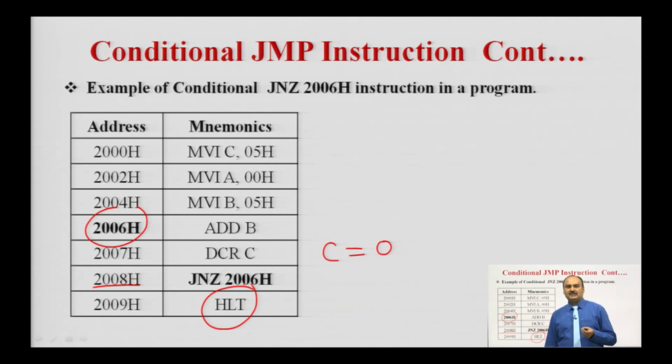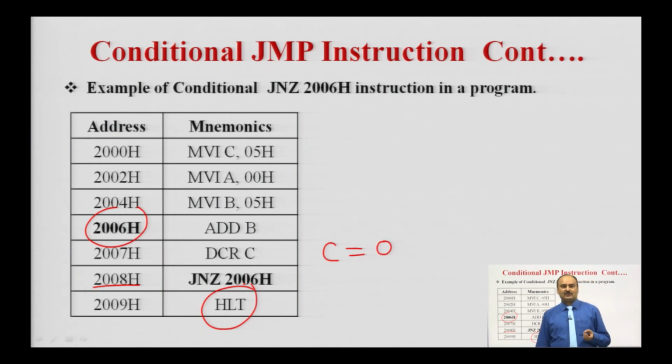Each time we check whether the value of C register is 0 or not. If it is not 0, the condition is true, the processor transfers the control to the new memory location, and it keeps adding the contents of A and B registers, placing the result into the accumulator, that is, the A register.